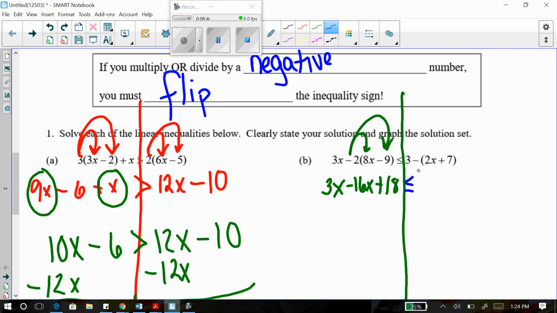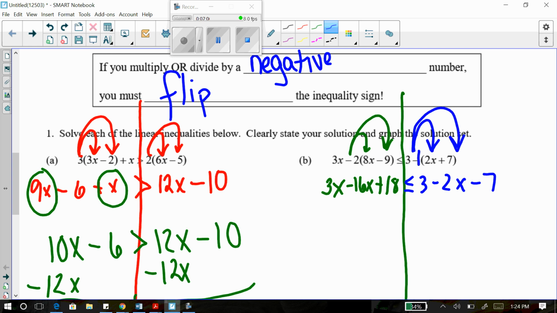And that's less than or equal to 3. Now remember, there's a 1 there you don't see. So I'm going to distribute a -1. -1 times 2x is -2x. -1 times 7 is -7.